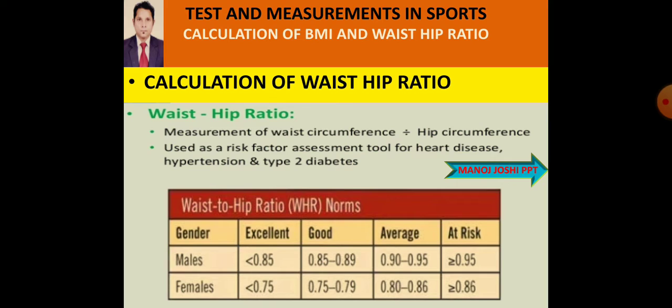In case of females, if the WHR is less than 0.75, it is excellent. If it is 0.75 to 0.79, it is considered good. If it is 0.80 to 0.86, it is average. And more than or equal to 0.86, it is considered at risk. So this is about the waist hip ratio, WHR.